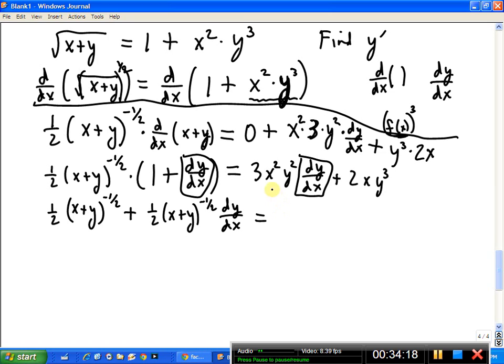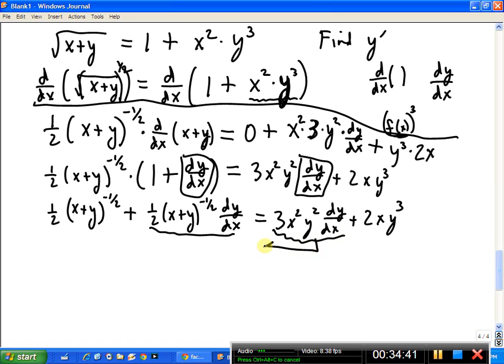And this is equal to just what I had right there, 3x squared y squared dy/dx plus 2xy cubed. Now we can put everything that has dy/dx on one side and everything else on the other side. So this term stays here. This term has a dy/dx in it, so it's going that way. This guy doesn't have dy/dx in it, so he's going that way. This guy is just going to stay right where he is.